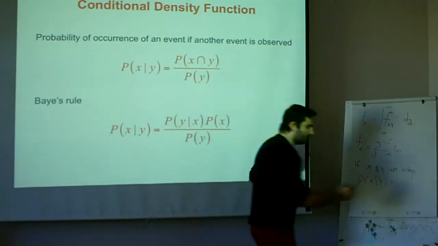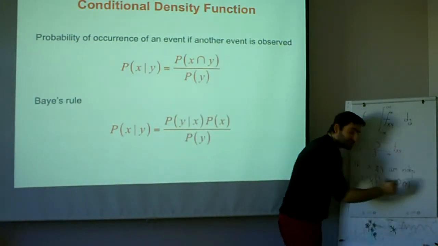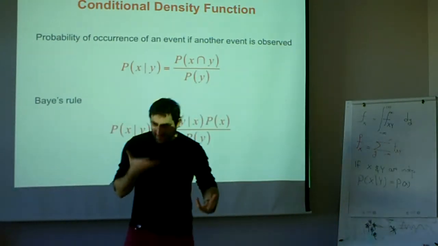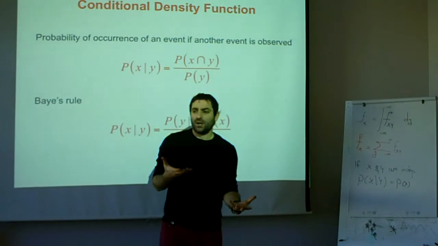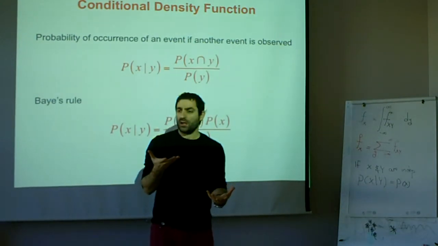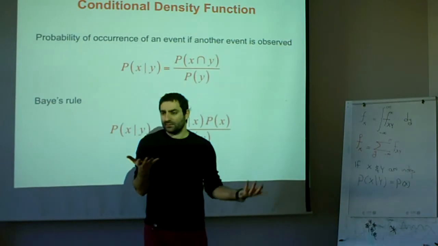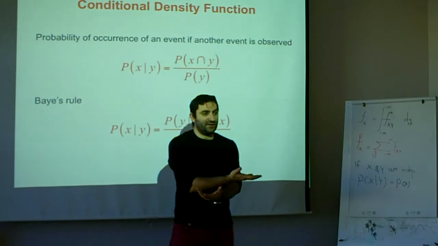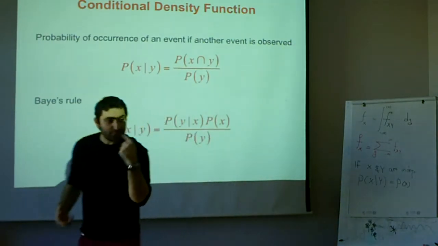Probability of X. Why? Because we just described it philosophically. X will happen independent from Y. When X will happen, it doesn't matter if Y is happening or not, so it's probability of X. So this is the philosophy behind it.